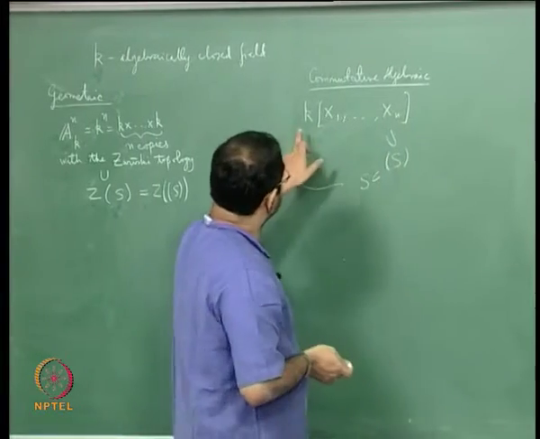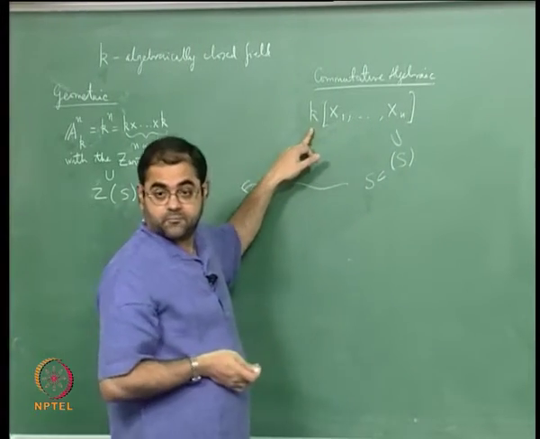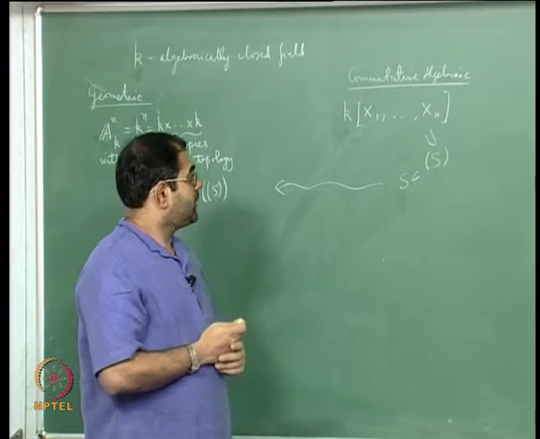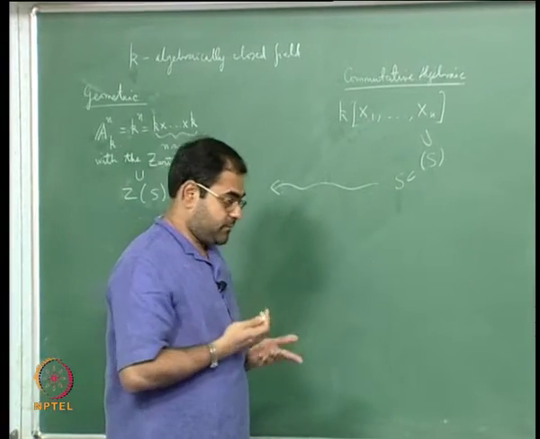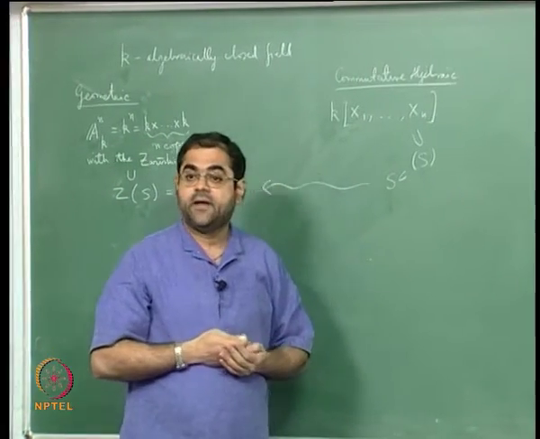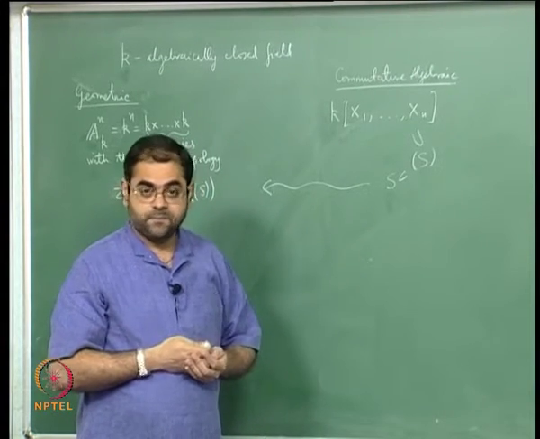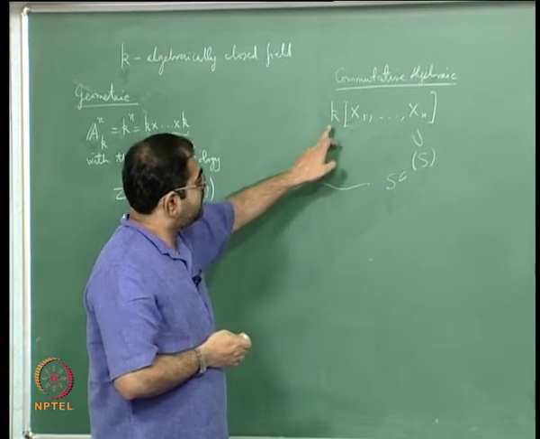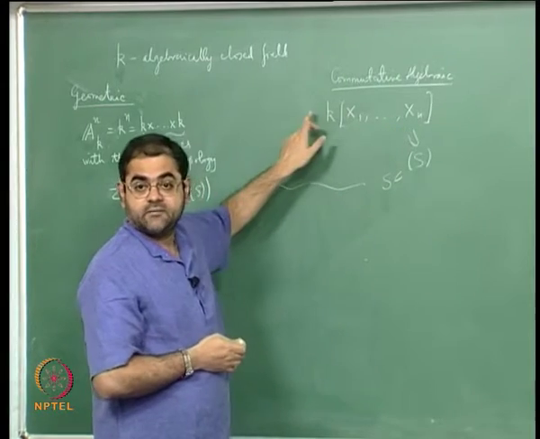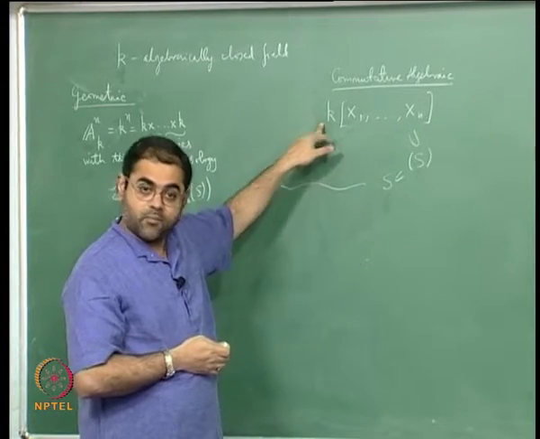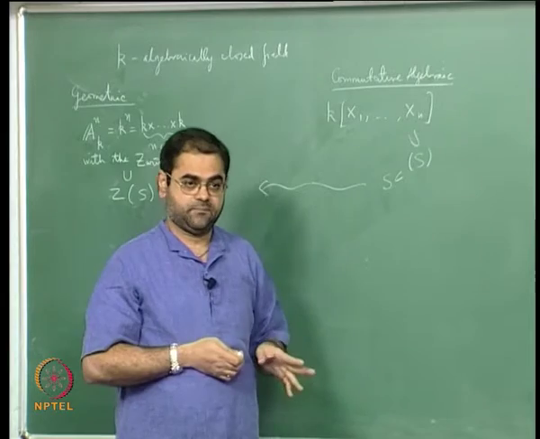So if you start with a Noetherian commutative ring, which means that every ideal is finitely generated, then if you take a polynomial ring in finitely many variables over that ring, the polynomial ring also becomes Noetherian, okay.